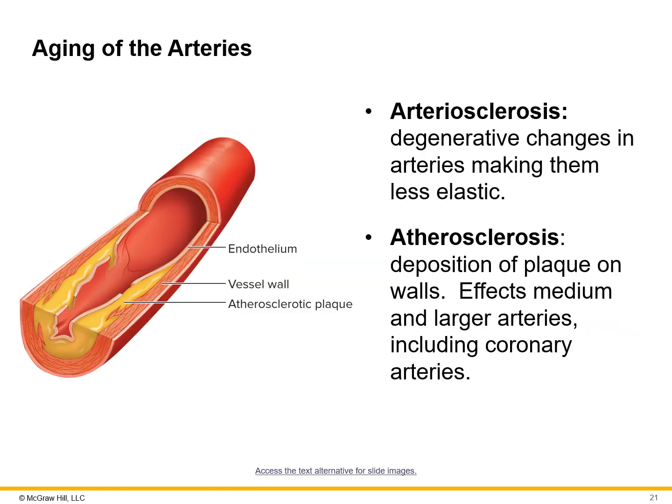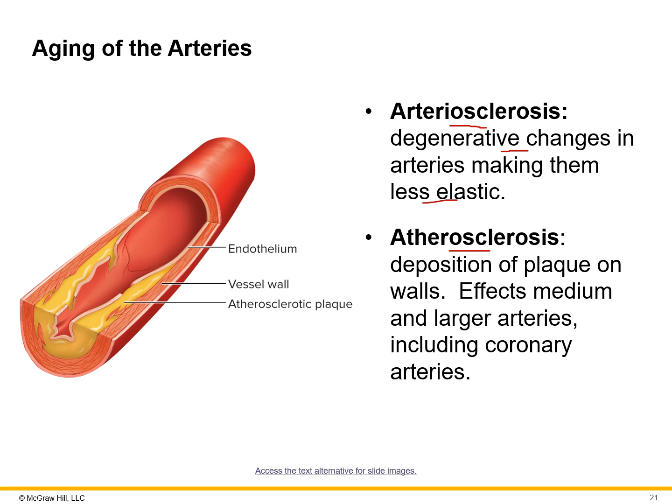All right, now if we look lastly here at the effect of aging, a couple of things. Atherosclerosis you've probably heard the most about, but there's also arteriosclerosis, so pretty easy to confuse these two. Arteriosclerosis is the degenerative changes in the arteries that make them less elastic. So they're less able to constrict and dilate, and they mainly stay constricted.